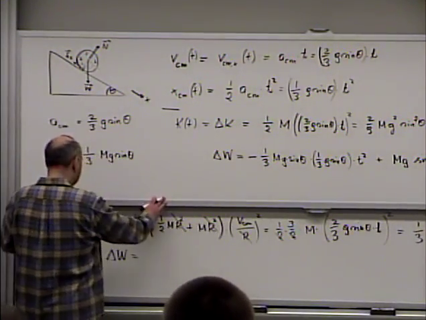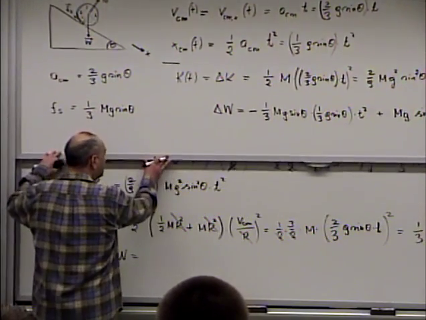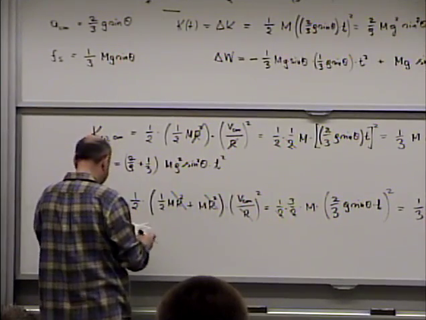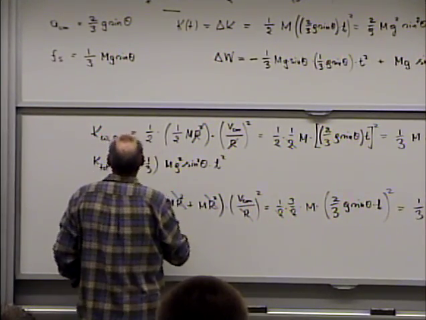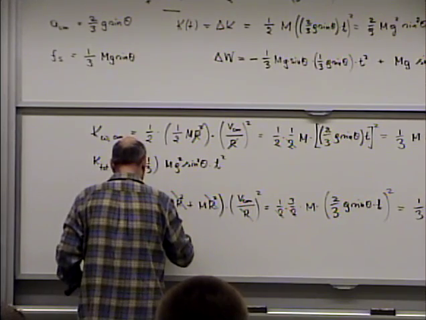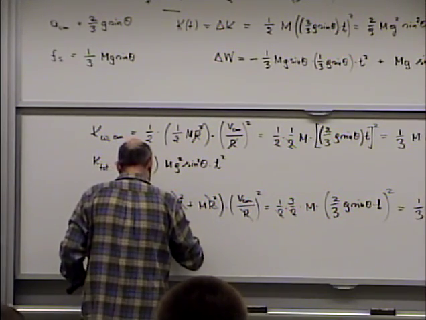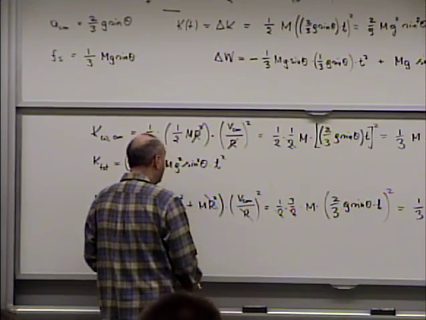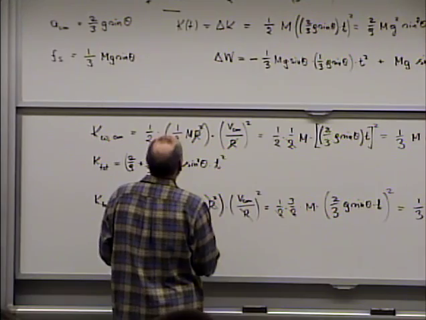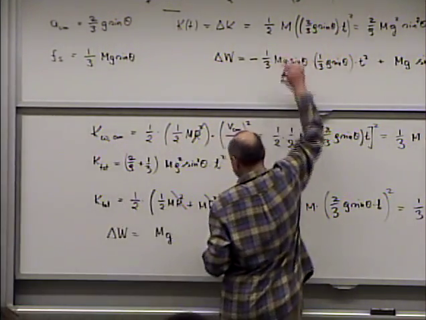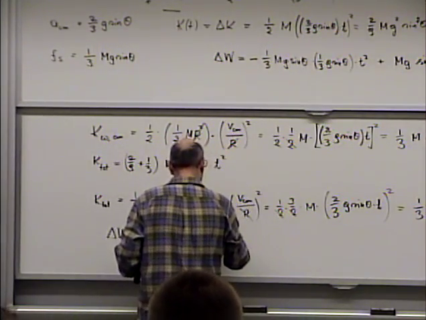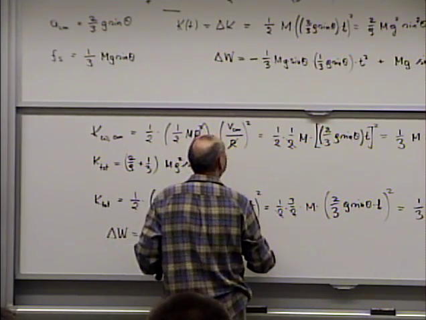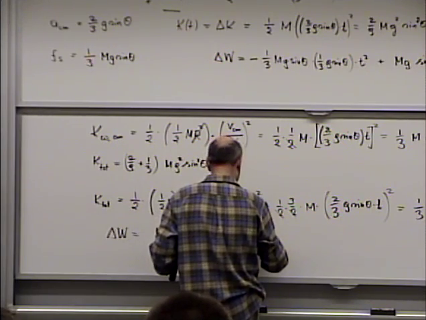So indeed, I can still calculate that total work by taking gravitational force, mass times acceleration due to gravity, times the displacement, and we found the displacement over there: 1/3 g sine theta times t squared.